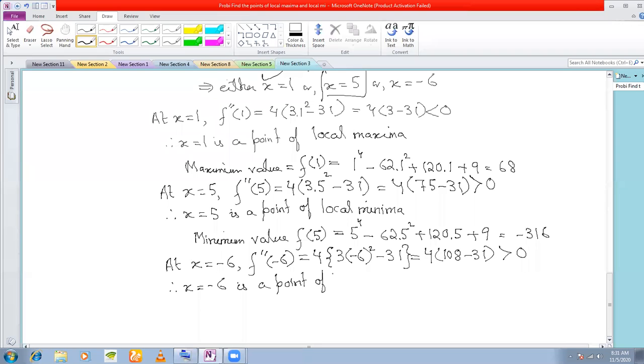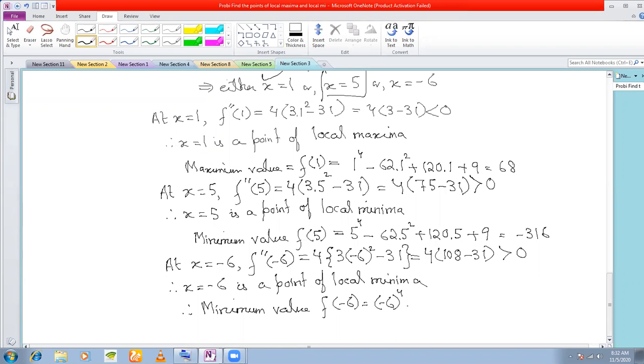Point of local minima. And what is the minimum value? f minus 6. Put it in the function.